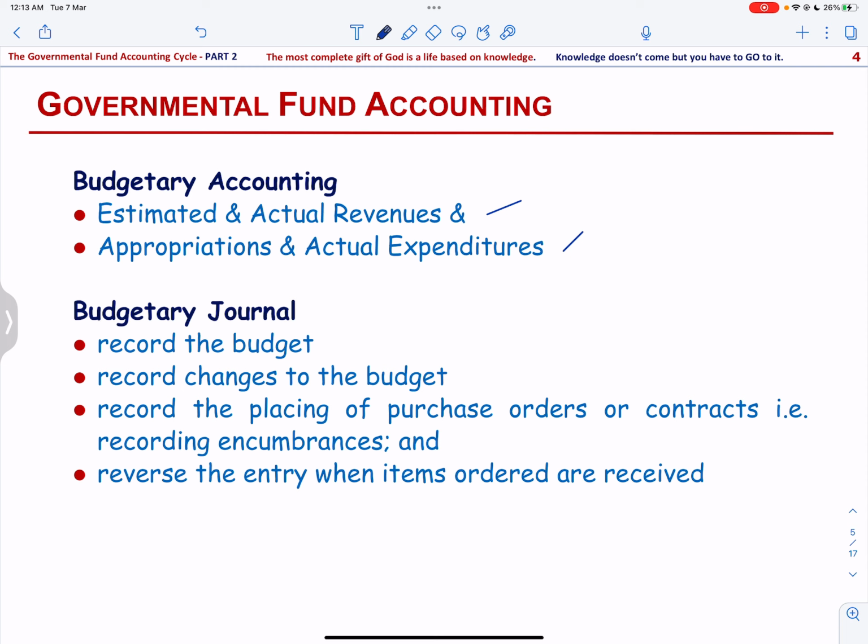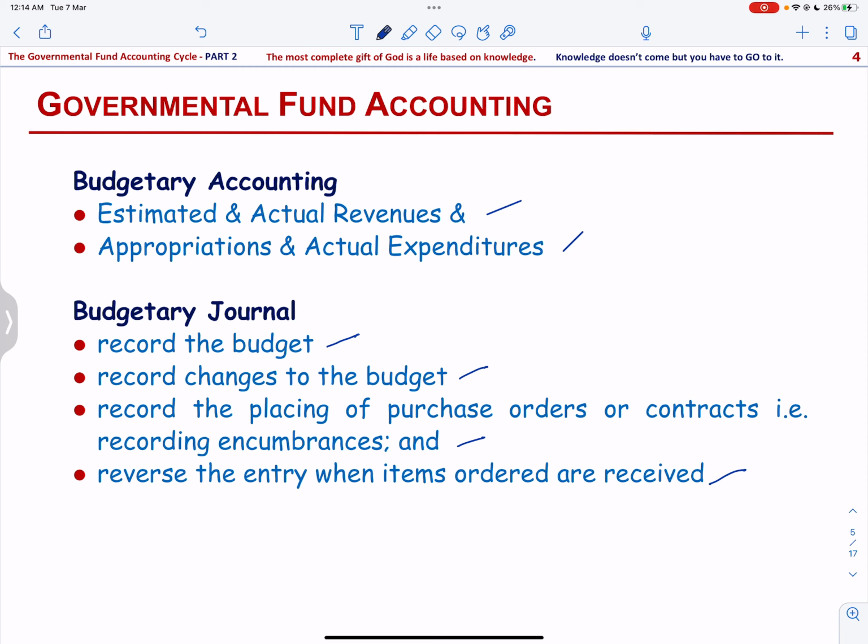Budgetary journal entries are made to record the budget, to record changes to the budget if any, to record the placing of purchase orders or contracts, that is recording encumbrances, and to reverse the entry when items ordered are received. Budgetary accounting journal entries should be considered separate from financial accounting.